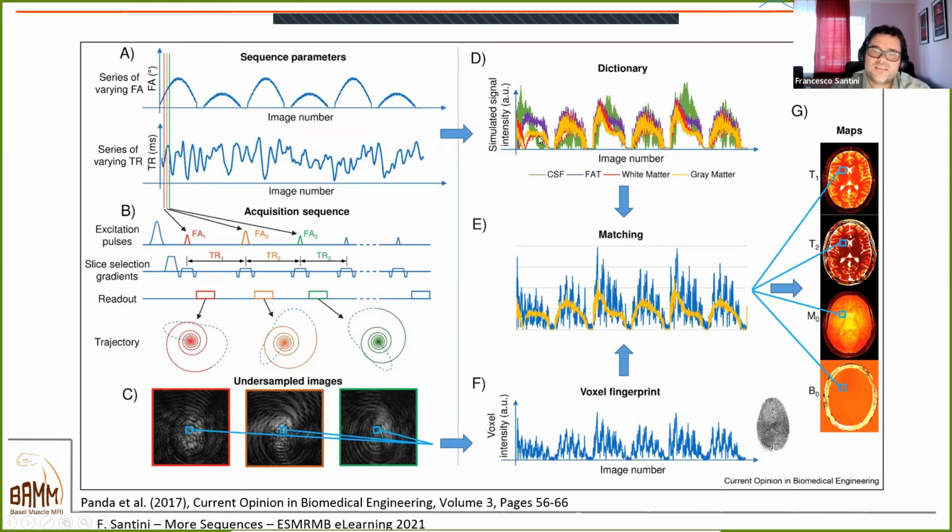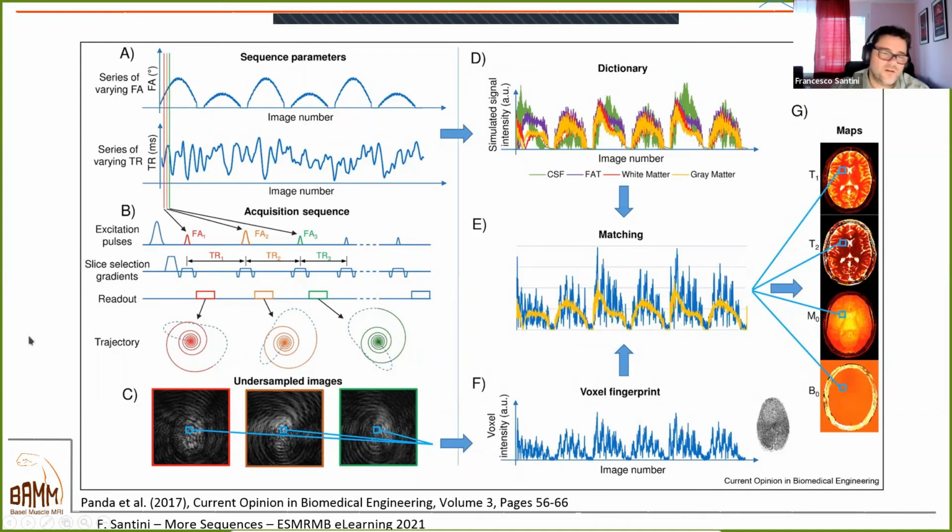But if you follow the image intensity of each voxel, you will see that there is this signal with a lot of noise superimposed, but which follows the shape of one of the simulated signals that you have. And then by choosing the optimal signal that best explains your crazy signal that you have acquired, you can obtain quantitative maps, just like we did before, that can have T1, T2, in this case, the proton density map and the B0 map.